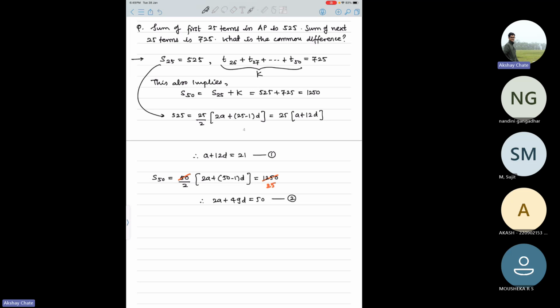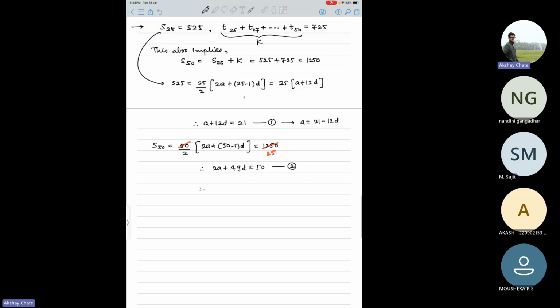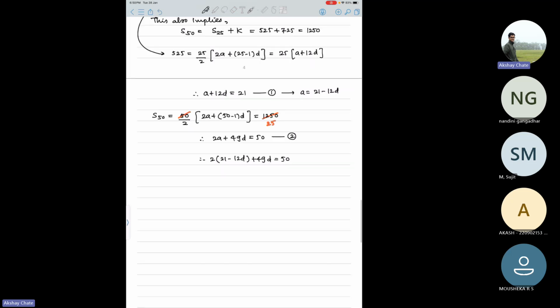So now you have two unknowns, two equations. You can solve them. We are interested in d, so I want to eliminate a. So I will take a from here. That will be 21 minus 12d, and I will put it here. So that becomes 2 into 21 minus 12d plus 49d equal to 50.